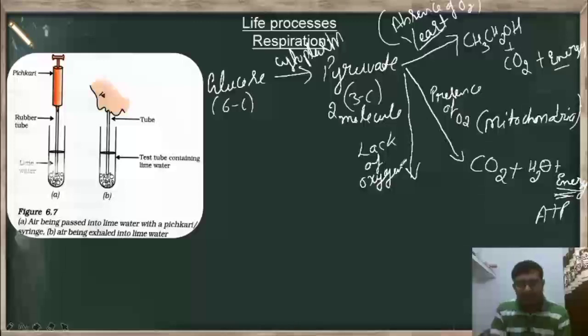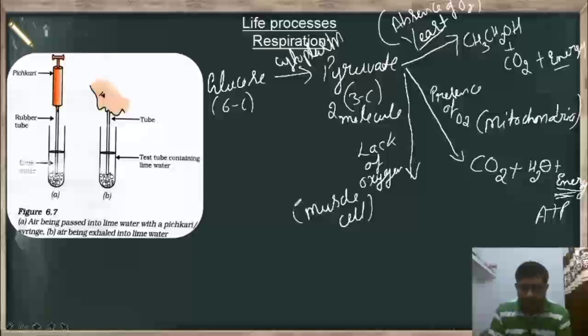That means insufficient supply of oxygen. So this pyruvate in which cell? For example, we can say muscle cell, because our energy is produced from muscle cell. Clear?